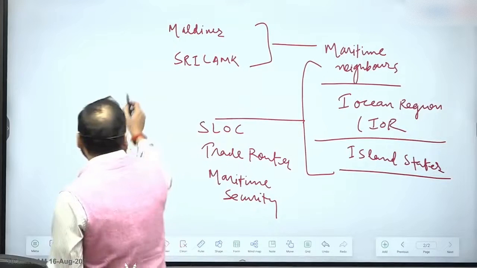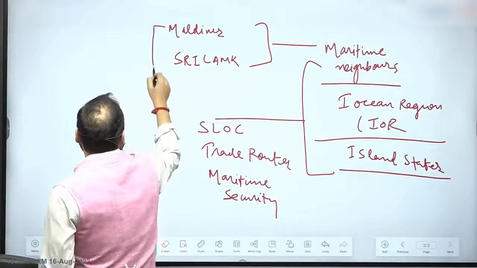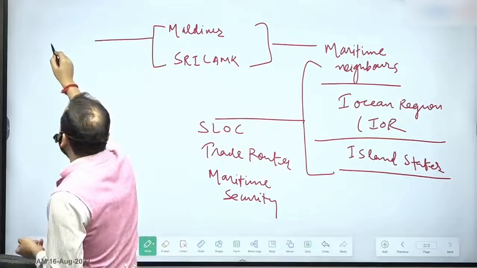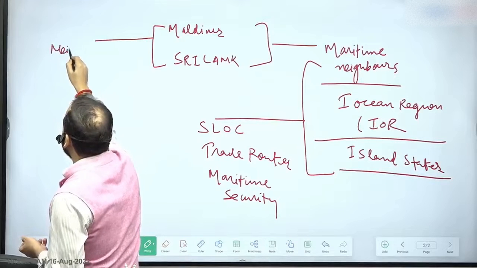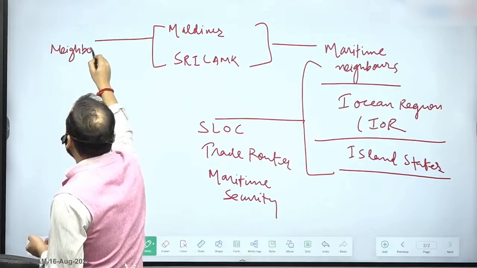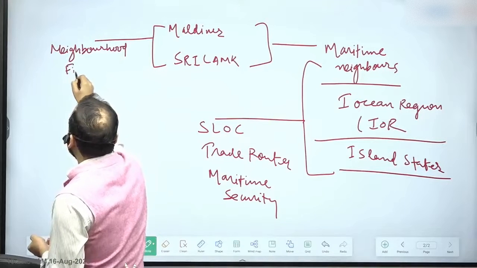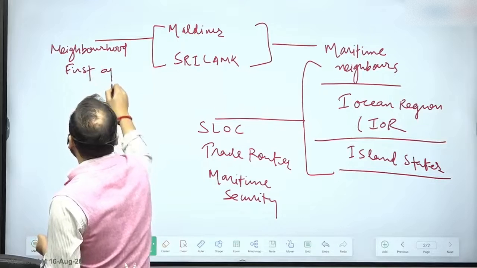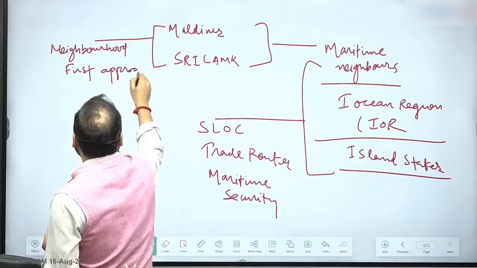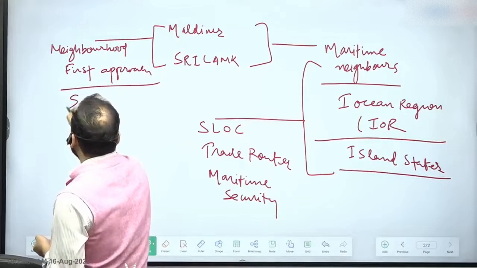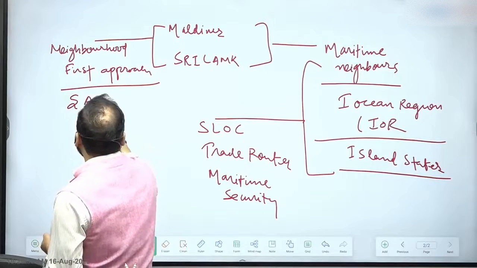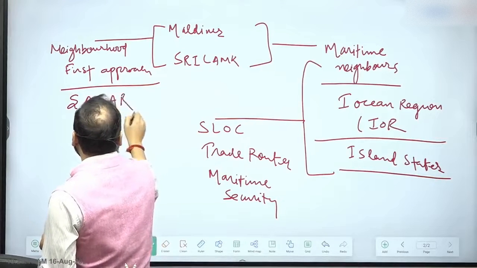And then in the context of these countries, we generally talk about A, that they are a special focus under India's neighborhood first approach, as well as India's Sagar approach.